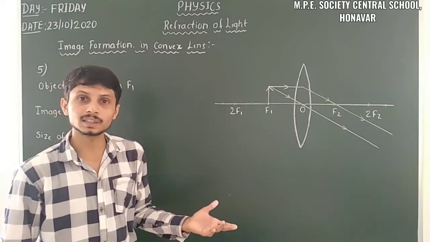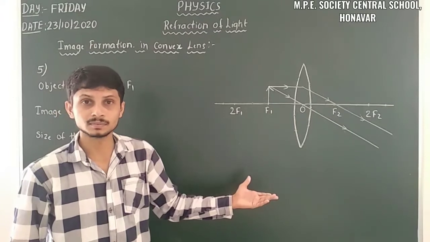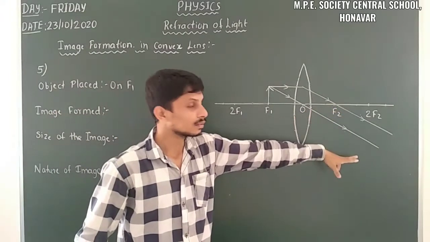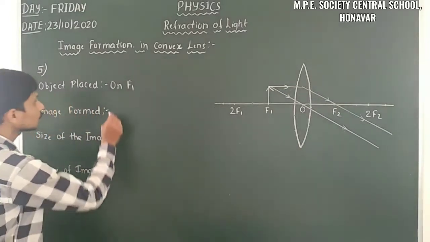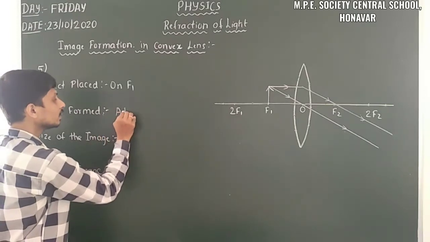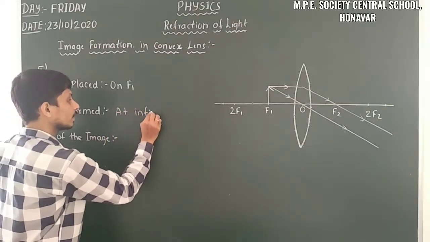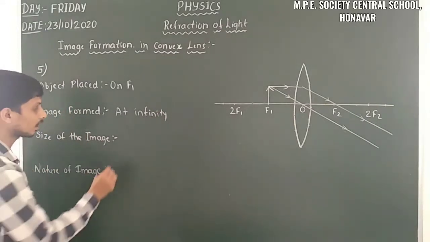Likewise, it is highly enlarged, real and inverted. So on F1, image formed at infinity. And what is the size of the image? It is highly enlarged.